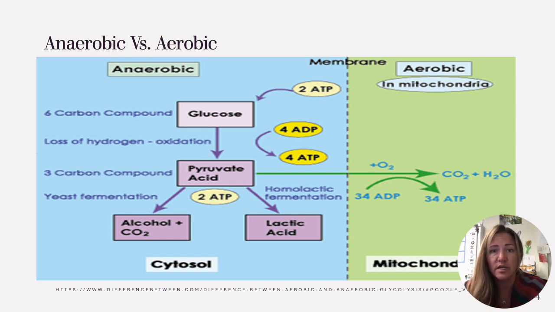In anaerobic conditions, pyruvate is converted to lactic acid or lactate, which produces 2 ATP molecules. Here in the image, we note that glycolysis occurs in the cell's cytosol. In aerobic conditions, the pyruvate, which is taken from glucose, enters the mitochondria to undergo oxidative phosphorylation.